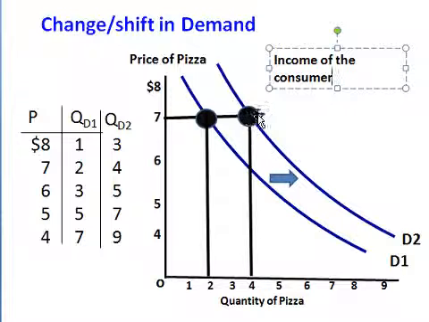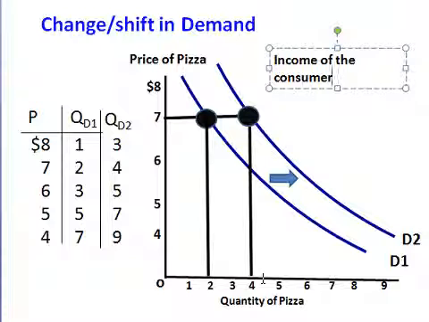It means that this consumer can now buy 4 pizzas. Why? Because his income has gone up, so he can buy more pizza.